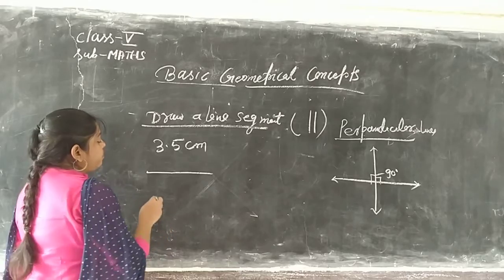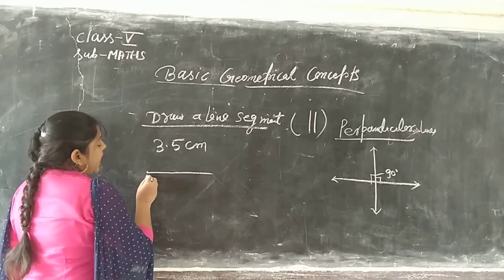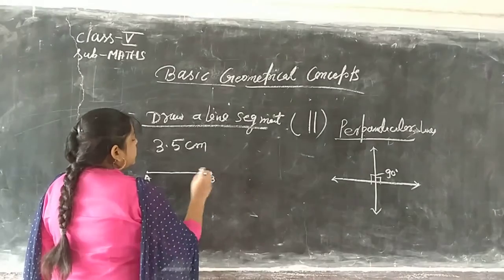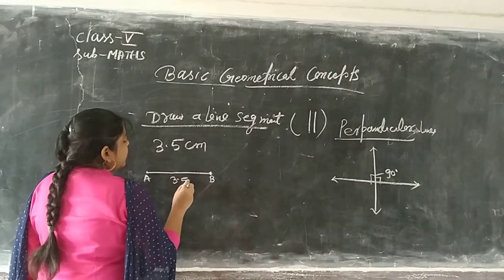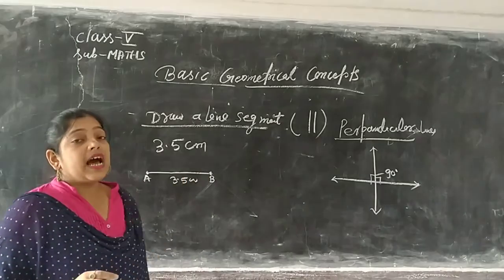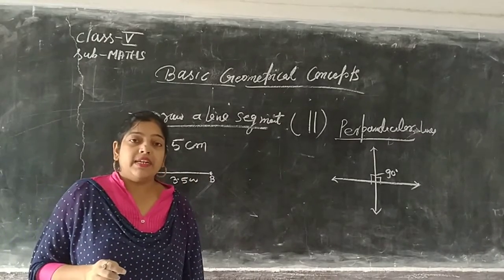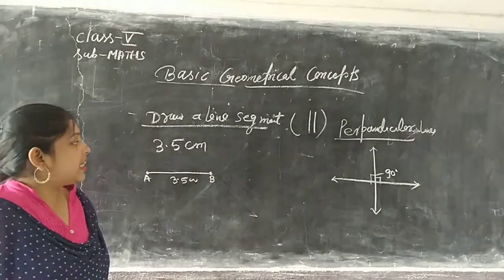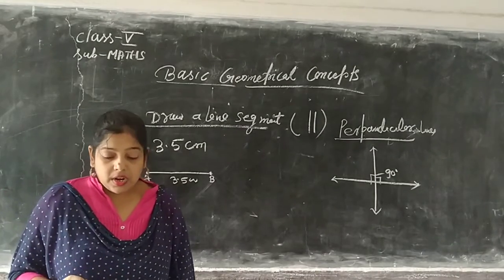So between 3 and 4, the segment is 3.5. Why do we mark that point as the ending point? Because a line segment has a definite length, so it can be represented on paper by using a scale or ruler.